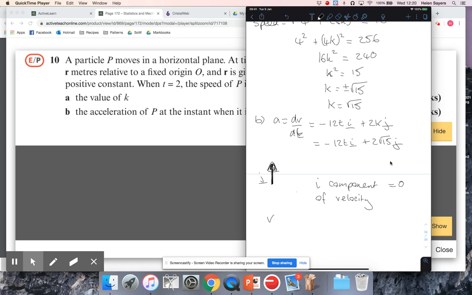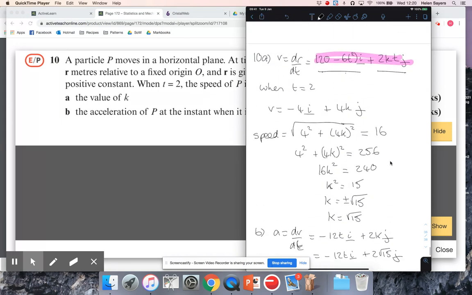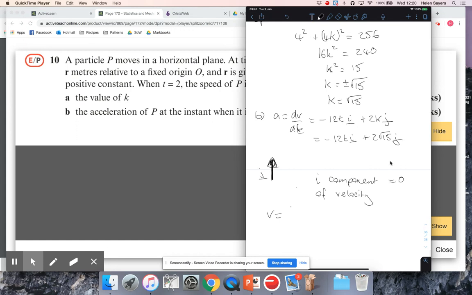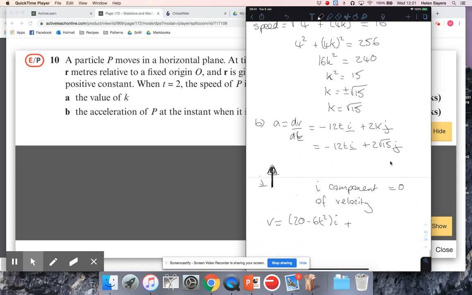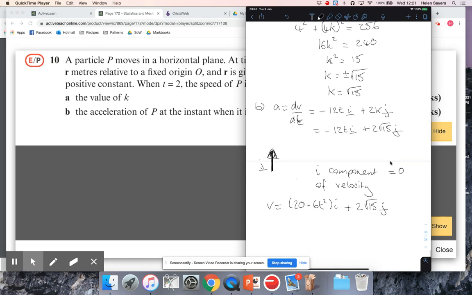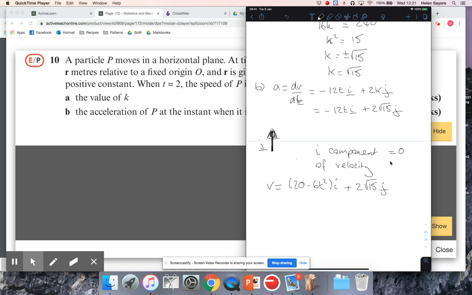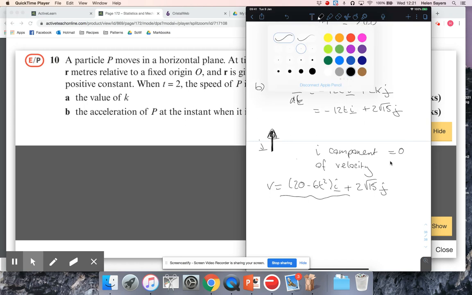So let's remind ourselves what velocity was. Velocity was 20 minus 6t squared i plus 2kt j, and k was root 15, although I don't really need this bit of it. I want the i component to be 0, so I need the coefficient of that to equal 0.